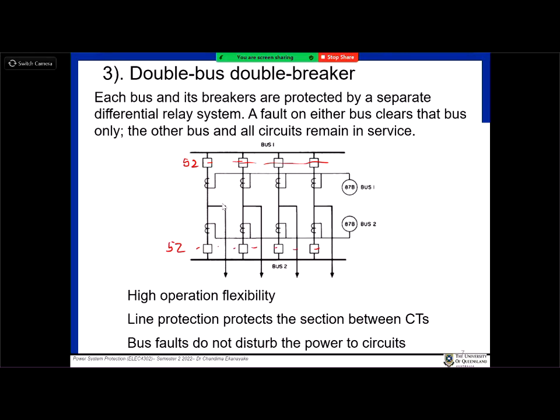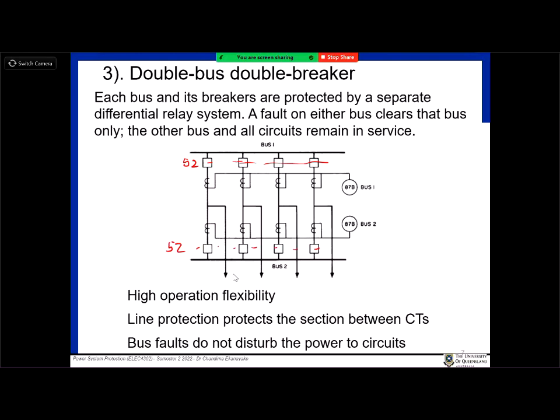The line portions here are not protected by these circuit breakers. It's protected only after these CTs, this portion. And then here, it is only up to this portion. But then this portion is protected by line protection schemes. That's why, if you go back and look at what I mentioned about overlapping protection zones, that comes here, right?